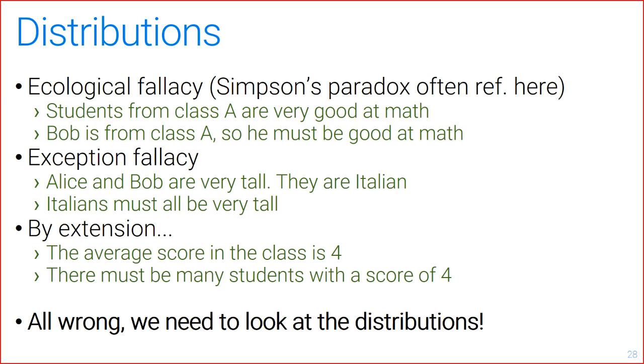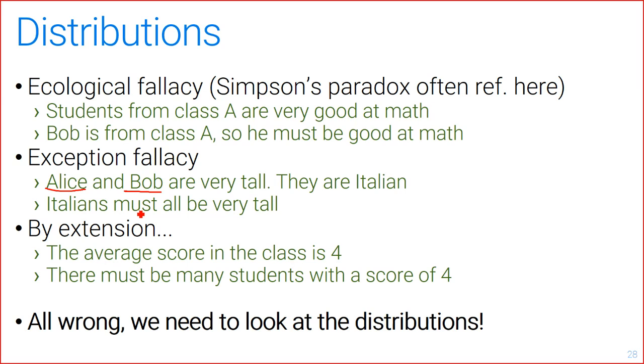We have kind of the opposite, the exception fallacy. If we know that Alice and Bob are very tall and they're Italian, we cannot claim logically that all Italians must be very tall, because we are generalizing based on only these 2 observations. We cannot say that the whole group of Italians is very tall because we observe 2 of them who are.